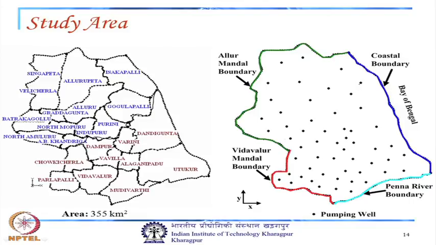Generally we have allocated these pumping wells in such a way that it represents the pumping scenario of each of the villages. These are the villages which are situated in these two mandals. In a particular village there can be more than one pumping well, but these are basically representative pumping wells for the study area.